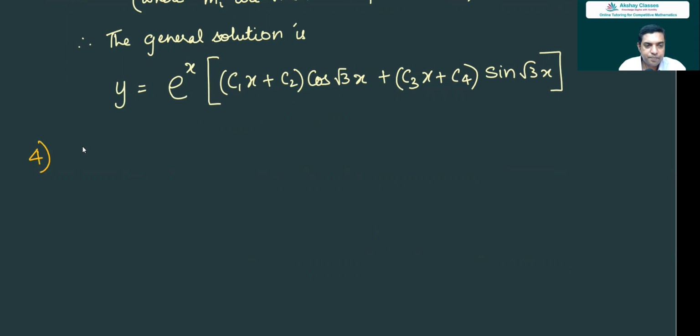Next, fourth one, solve D cube, sorry, (D square plus 1) whole cube times y equal to 0. Solution.